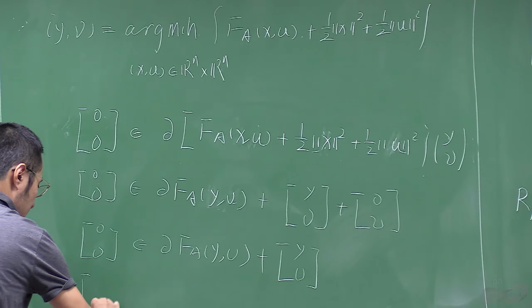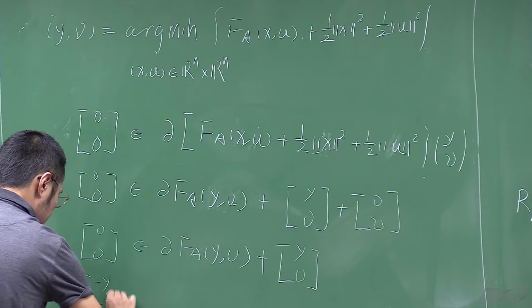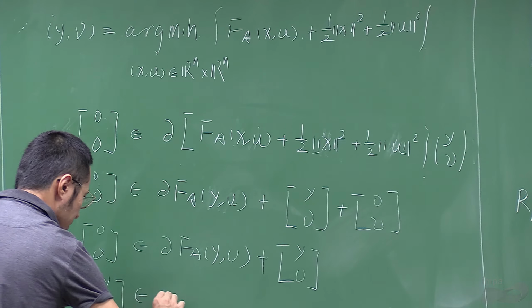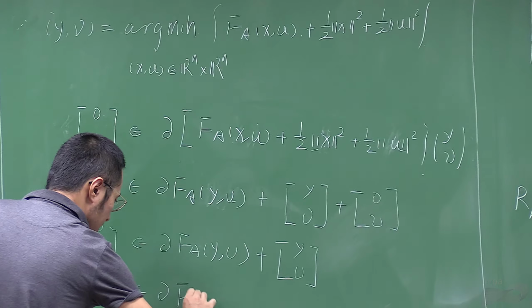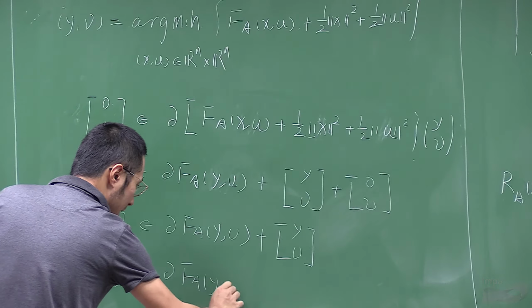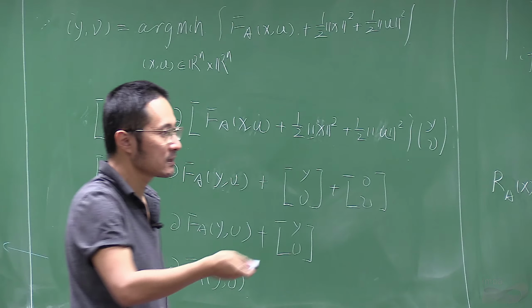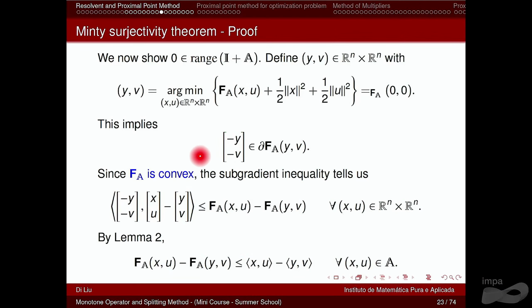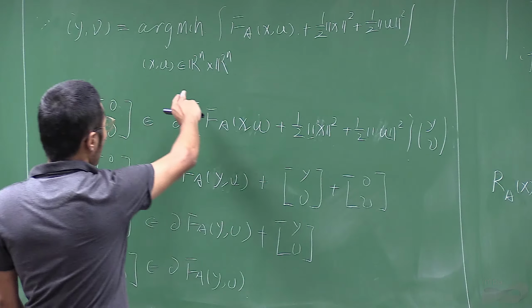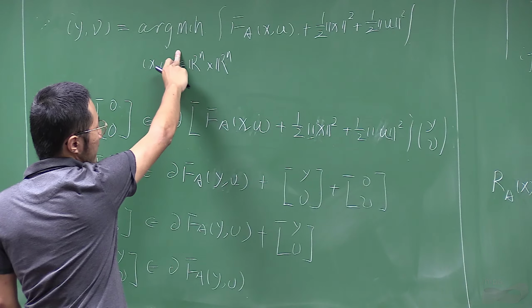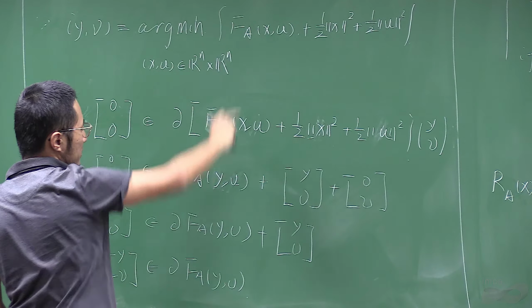We have minus y minus v belongs to the subgradient of a y v. Okay, this is how we get this relation here. It's just use the optimality condition of this convex function.